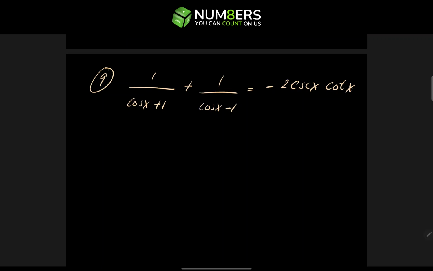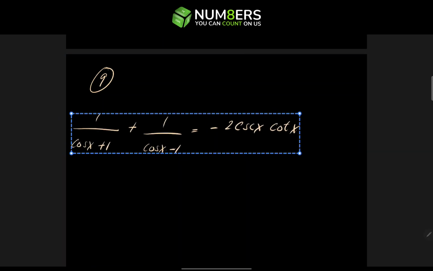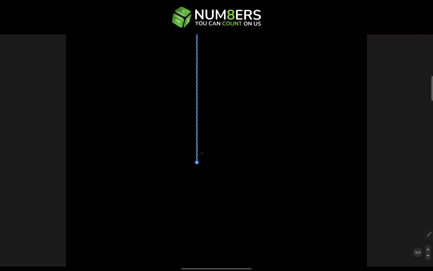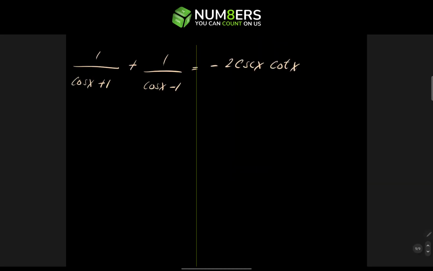Okay, so let's first move it to the left so we can write down what the identities are. And let's put a line right through the middle. Okay, so let's look at this again. In this case, we can't simplify left and right because there's a plus sign here. The only thing we can do is find a common denominator.